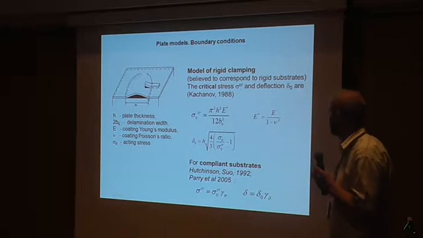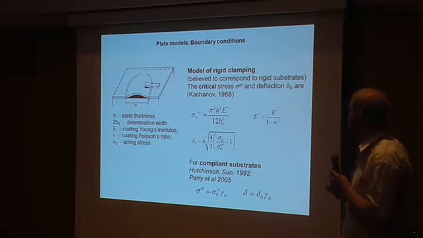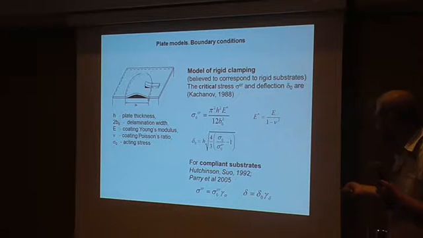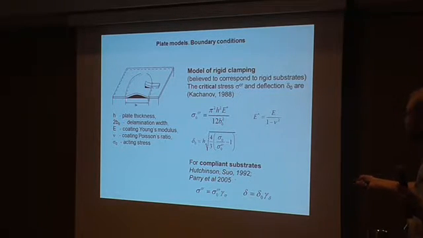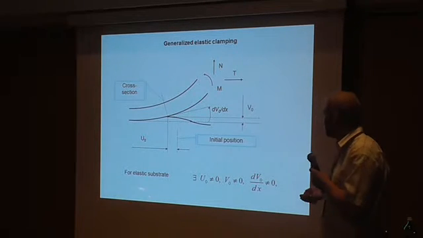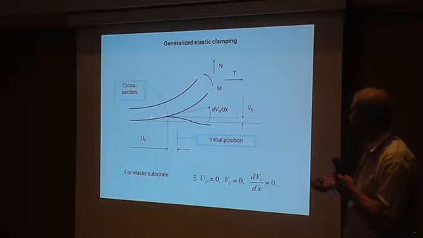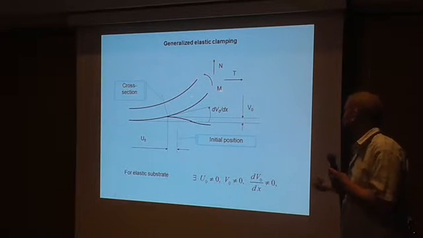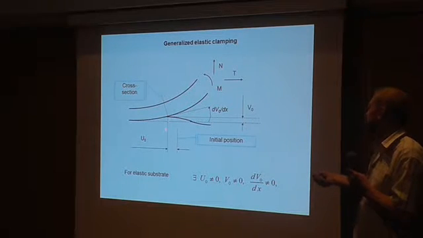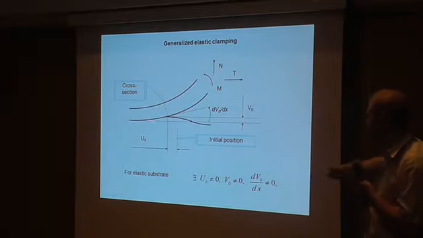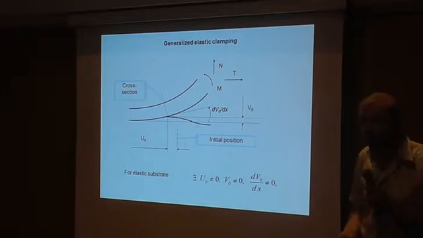Here are solutions. Actually, it's the Euler solution for buckling stress if it's a rigid clamp. But it's not the case. If the substrate is compliant, then when we consider this as a plate, there is always initial displacement in both directions and initial angle of rotation due to compliance of the substrate.